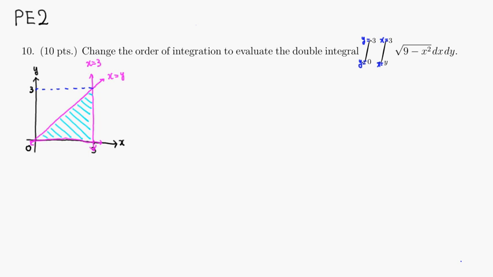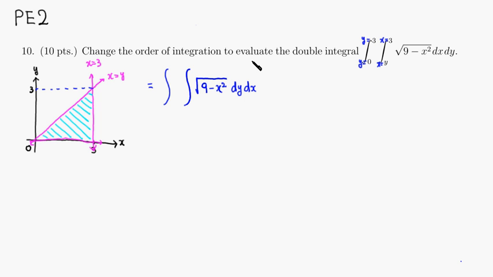Now we want to switch the order of integration, so this is going to be a double integral. It's still the same function, square root of 9 minus x squared, but we're going to integrate with respect to y first, then with respect to x.